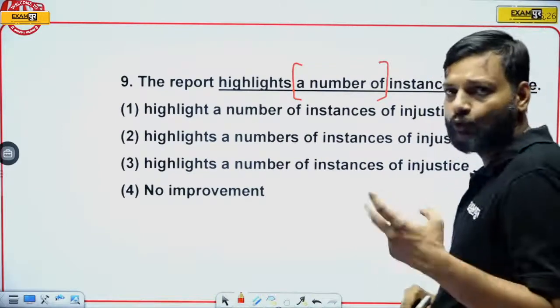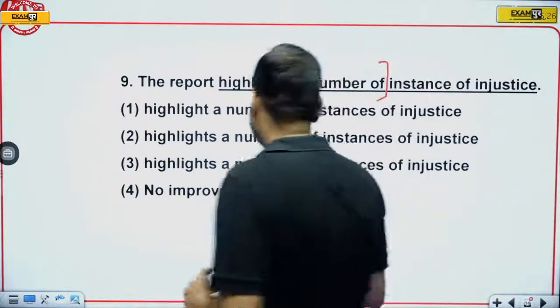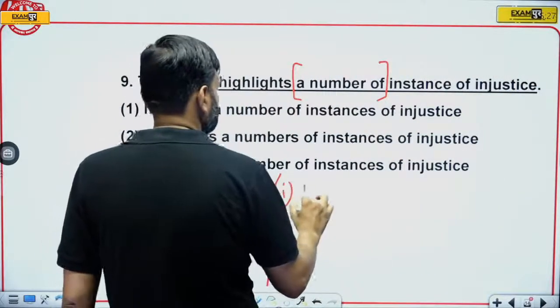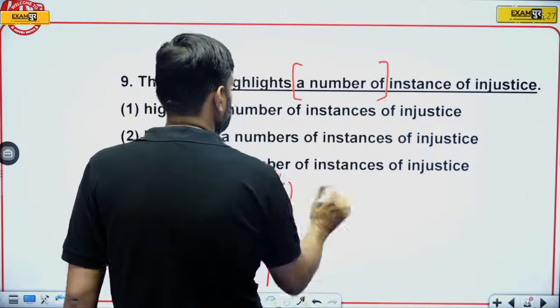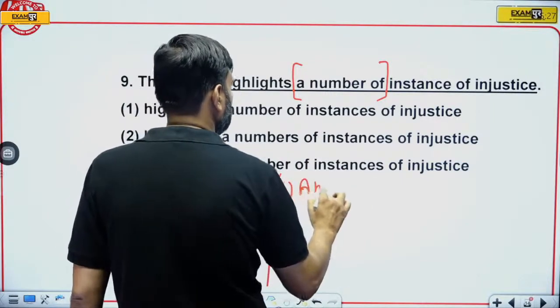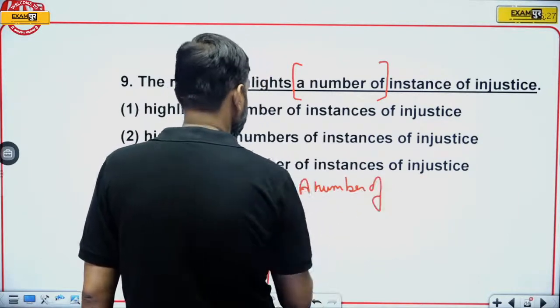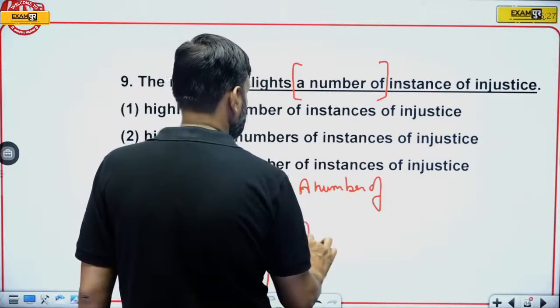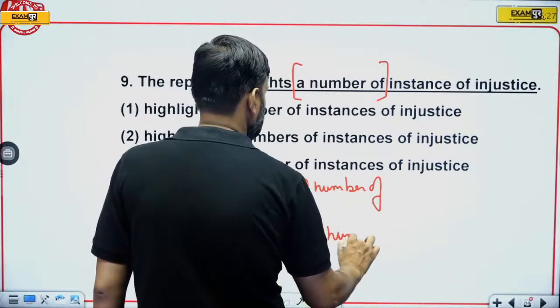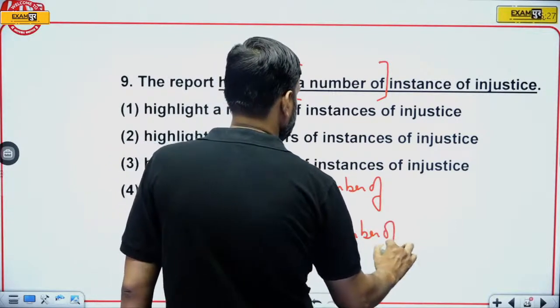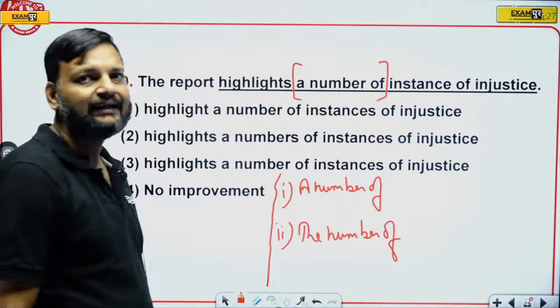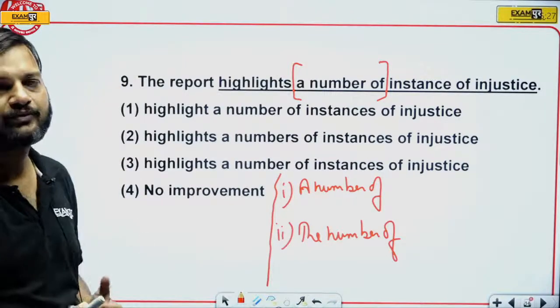Now, you should know these two rules. First rule: a number of and the number of. There is a slight difference between these two expressions.